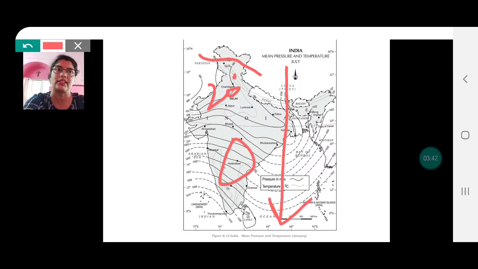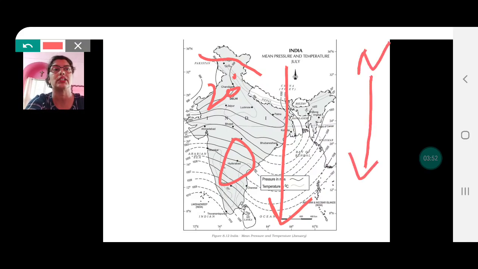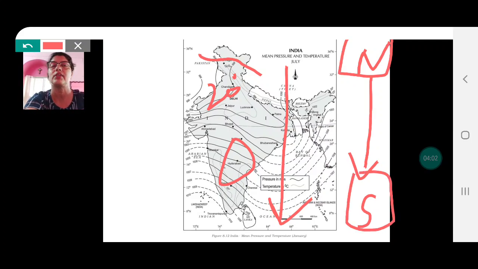Contradictory to this, can we just recall what we learned about Brazil's climate? In Brazil, the northern part has a higher range of temperature, and as we go to the south, the southern part has low temperature. Do you know why? Because the northern part of Brazil was in the equatorial region and the southern part of Brazil was in the temperate region.